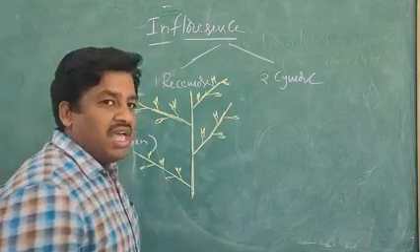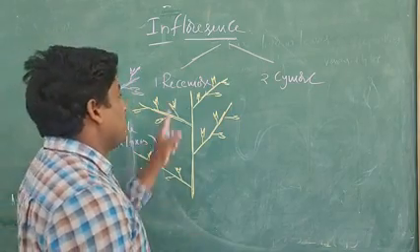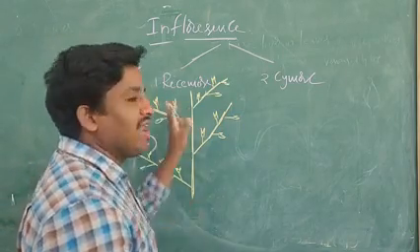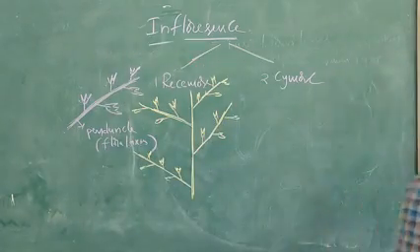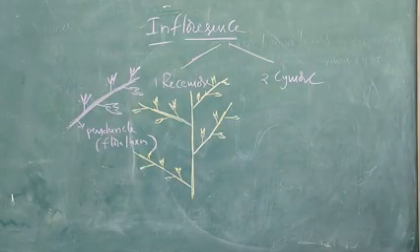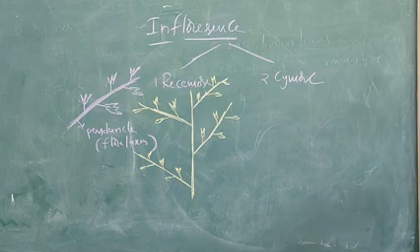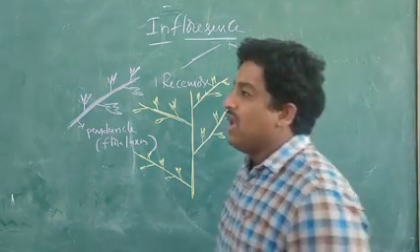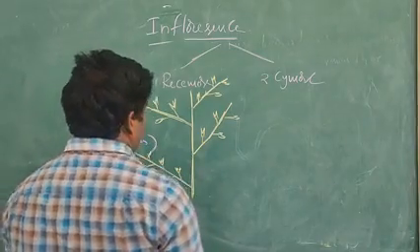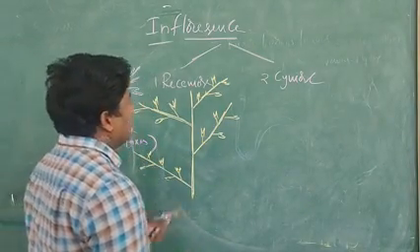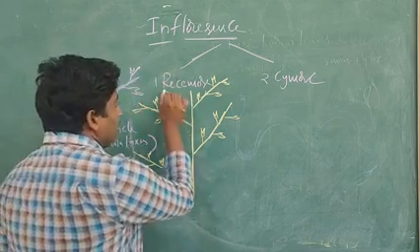That's what you call racemose inflorescence. Racemose inflorescence means the floral axis, the main axis, continuously grows, and the flowers are produced laterally in an acropetal manner.